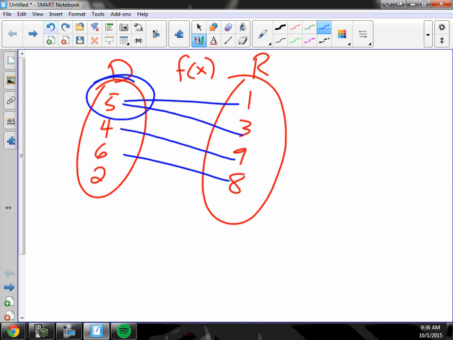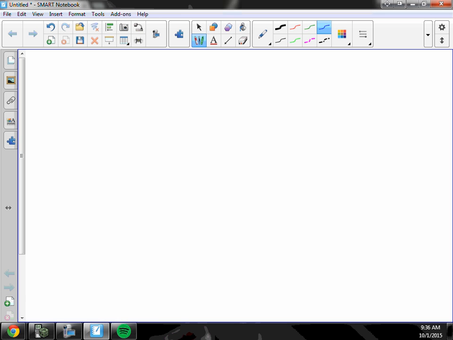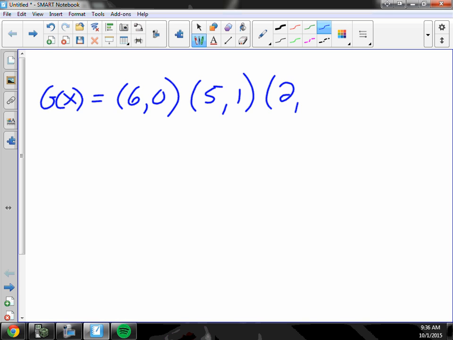Okay, so you can also list a function as a series of points. So I could say g of x equals (6, 0), (5, 1), (2, 0), and (3, negative 7). Is that a function? How do you know? You look for repetitive x's.